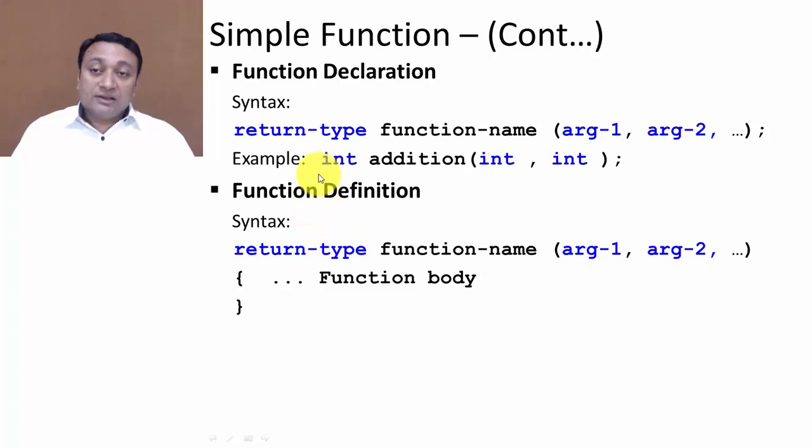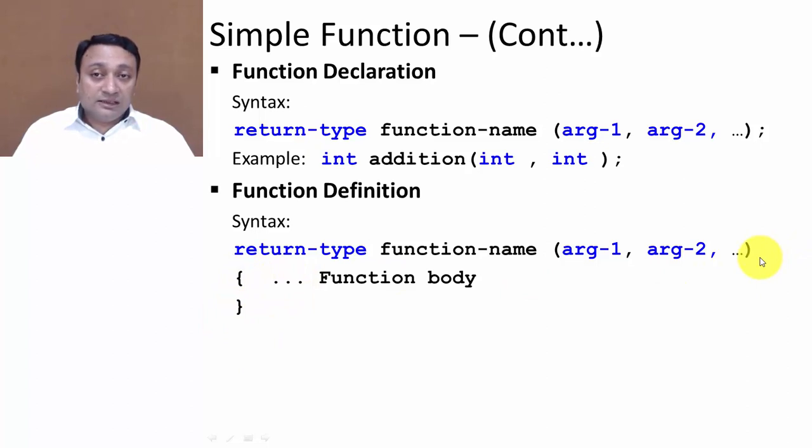Function definition. Function definition is the same as function declaration. Here you can observe return type, function name, argument list. But function declaration is a single statement, that's why it will be followed by a semicolon, while function definition is a group of statements, so there will be no semicolon.